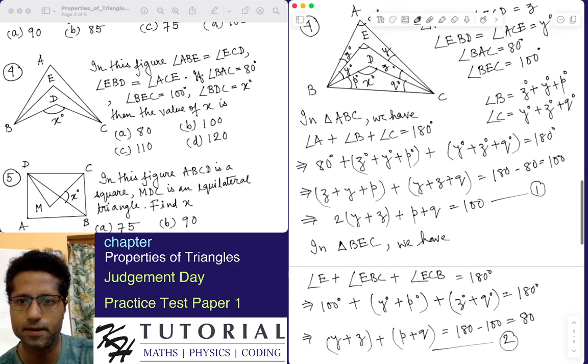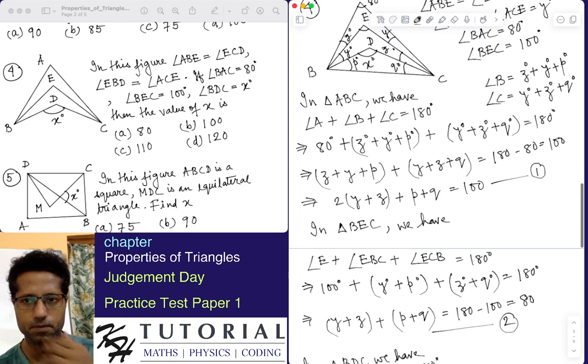Now in triangle BDC we have P plus X plus Q equals 180 degree.